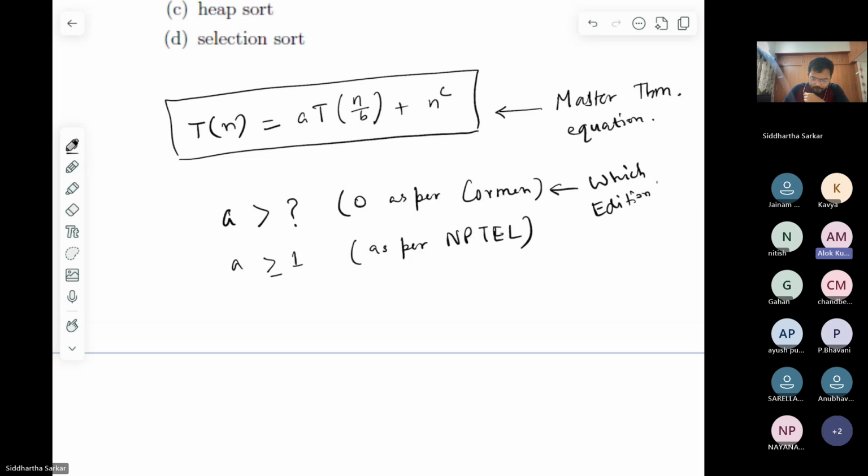I don't know exactly, I think the third edition. Okay. I think the latest one is the fourth edition.